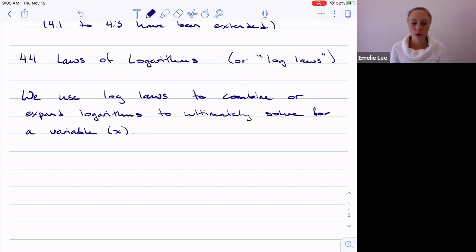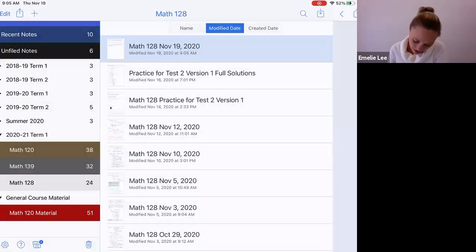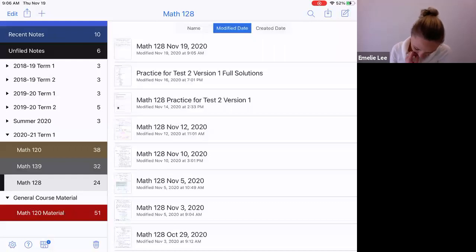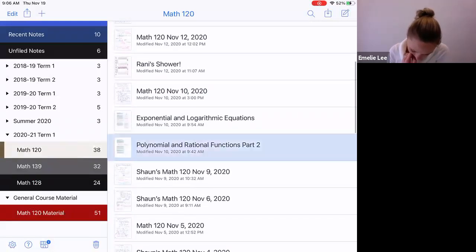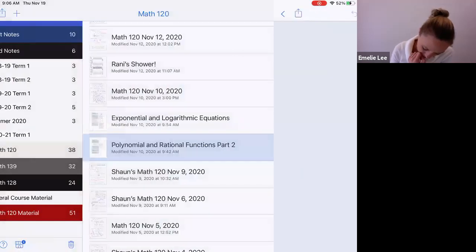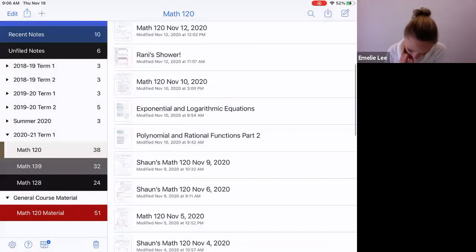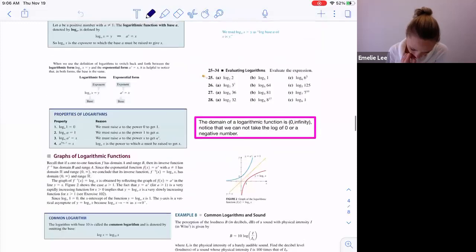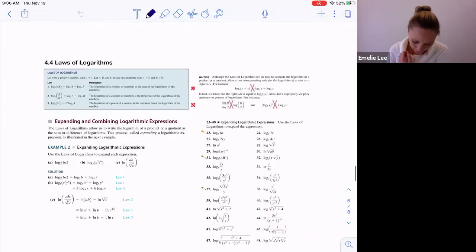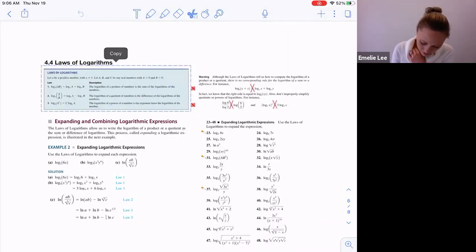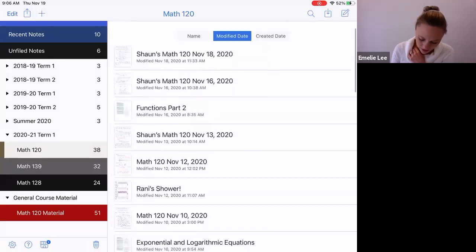Okay. So what we have, these log laws, now let's see, where did I put them? Functions, nope. Oh, there. So let's have a look at these.